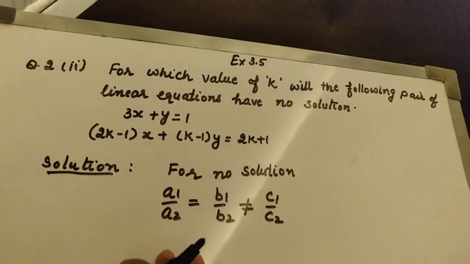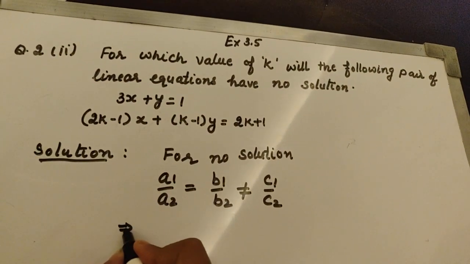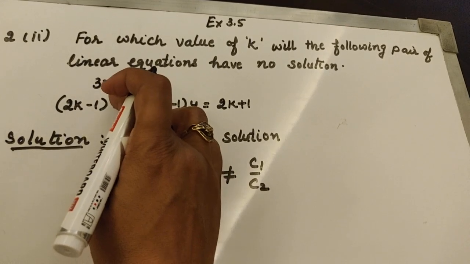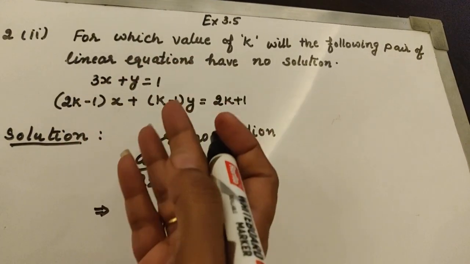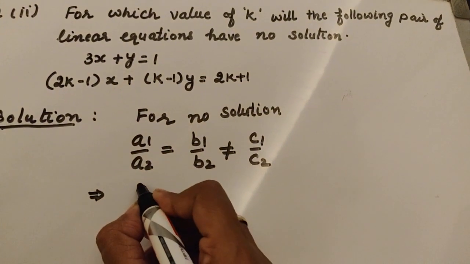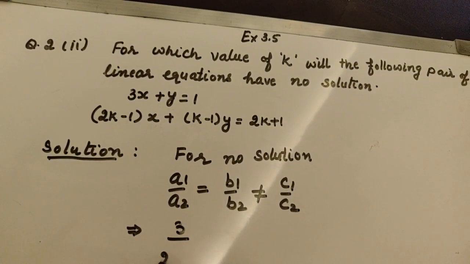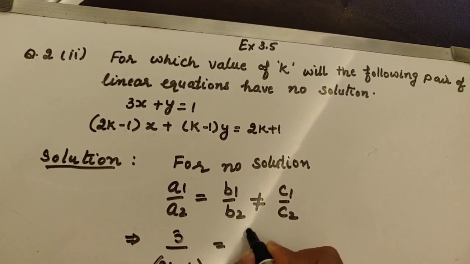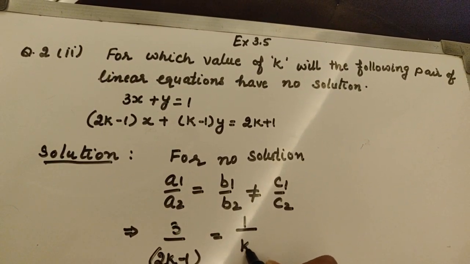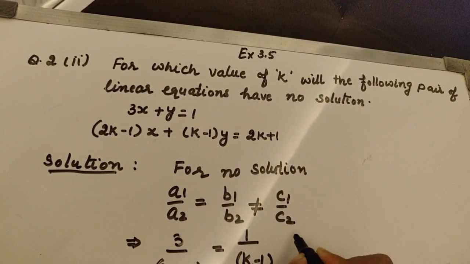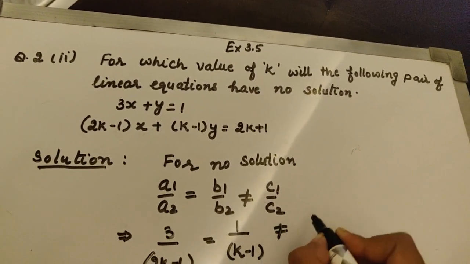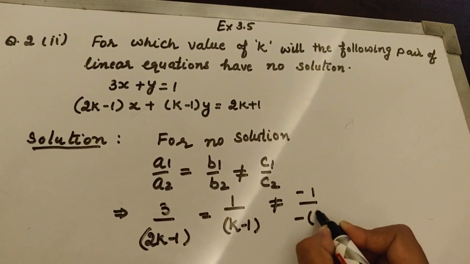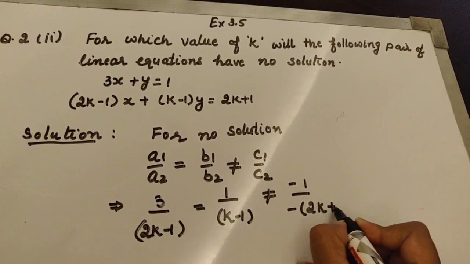So let us put the values in it. a1 upon a2, coefficient of x in the first equation is called a1 and in the second equation it is called a2. You already know. So 3 upon 2k minus 1 is equal to 1 upon k minus 1 is not equal to minus 1 upon minus of 2k plus 1.